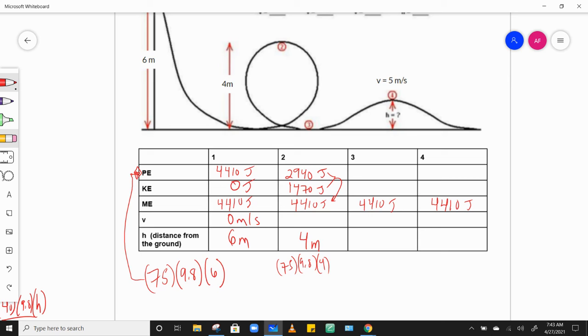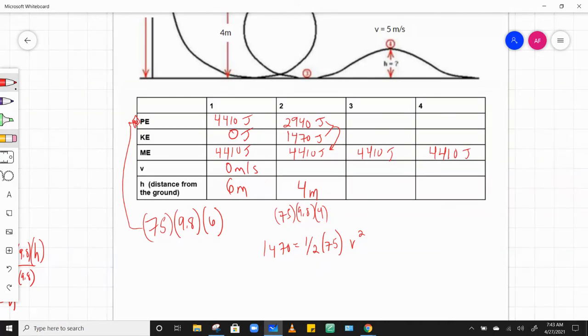All right. Then in order to find velocity, we'd say, okay, well, kinetic energy is 1,470 joules, and that's equal to 1/2 times the mass, which is 75, times the velocity squared. Okay, and we're just going to solve for velocity squared there. So divide by 1/2 and 75, and take the square root of that.